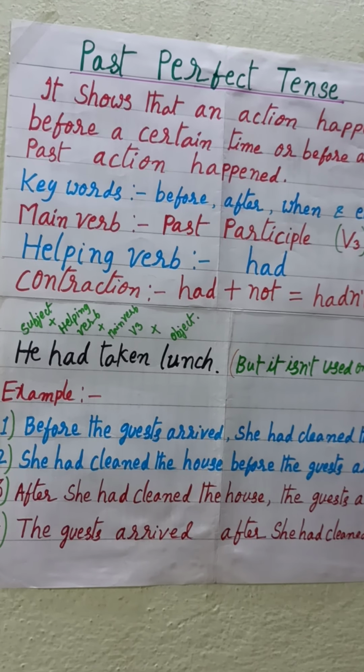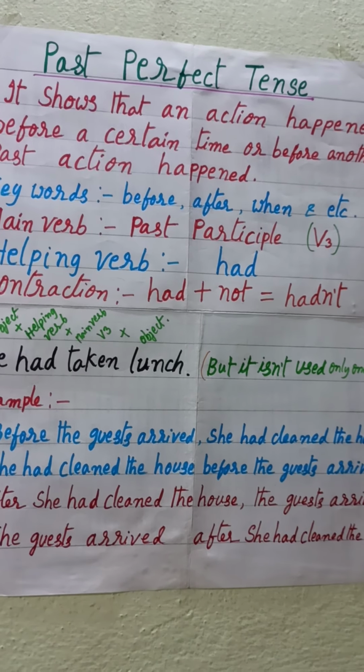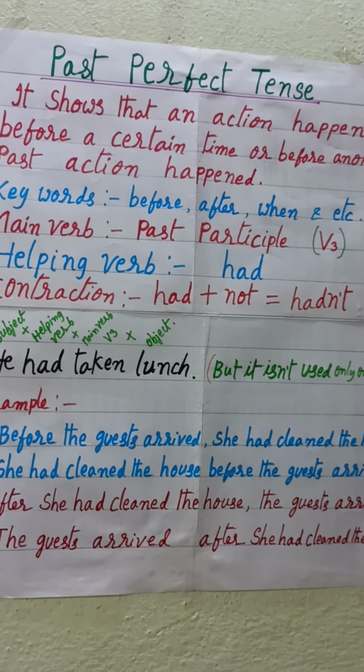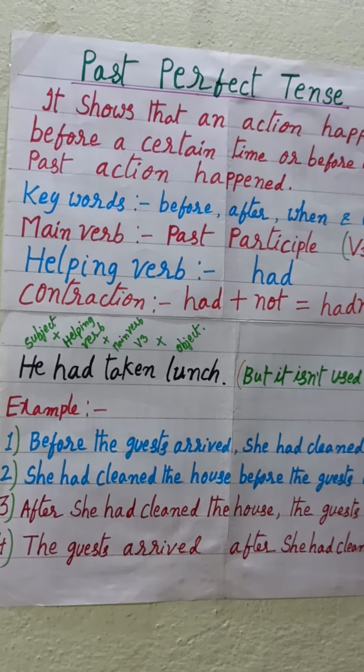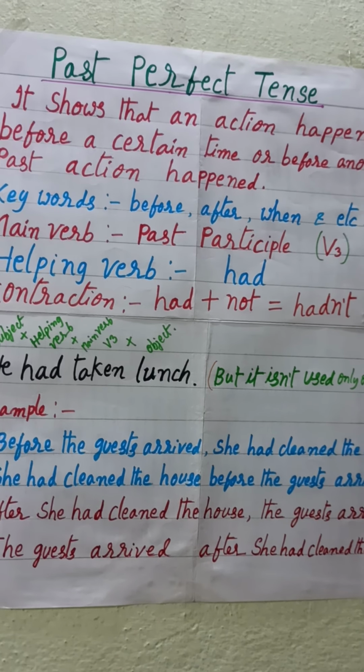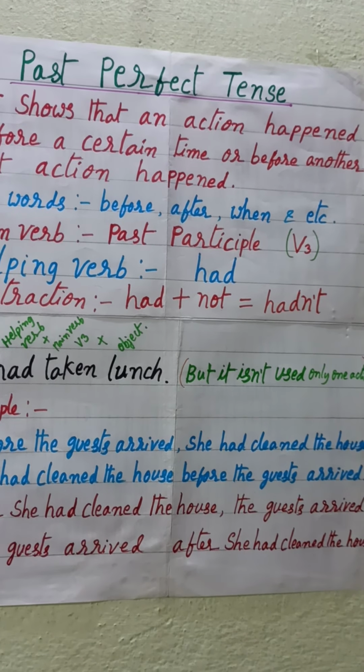After she had cleaned the house, comma, the guests arrived. The guests arrived is simple past tense. She had cleaned the house is past perfect tense. Fourth, the guests arrived after she had cleaned the house.